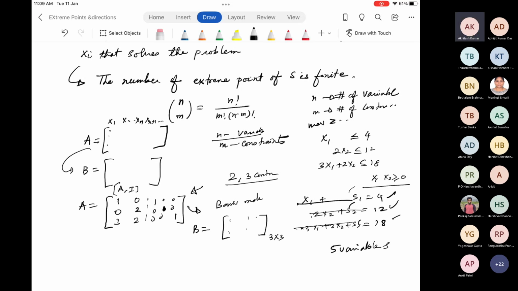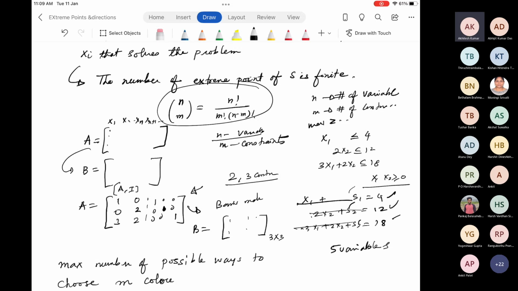So what this represents is the maximum number of possible ways to choose m columns, that is the m basic variables of A, to form the basis matrix.